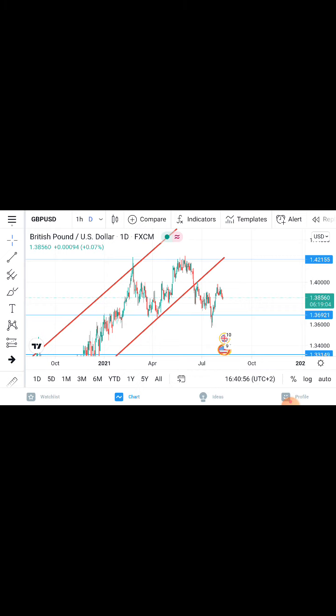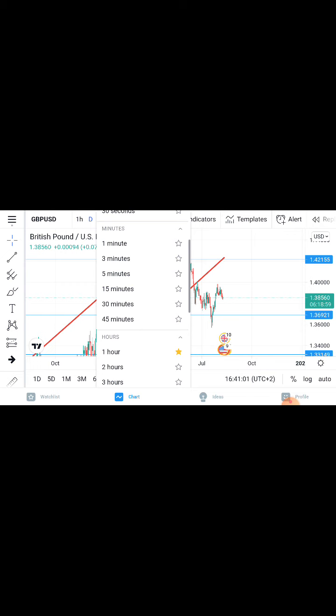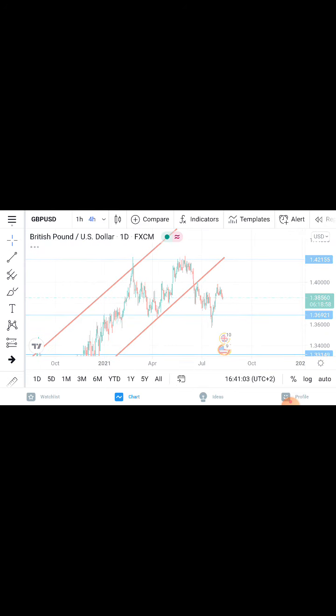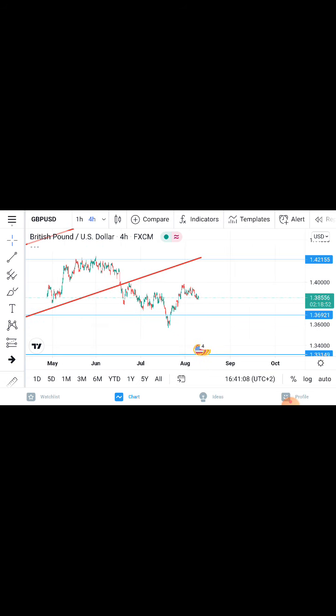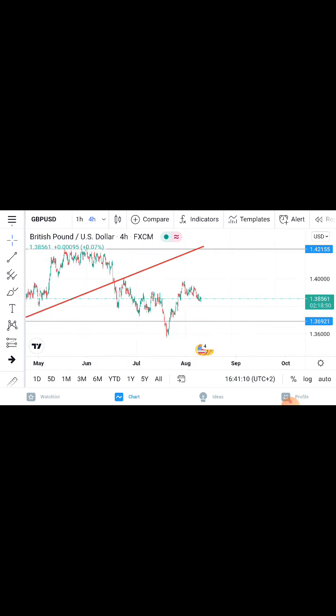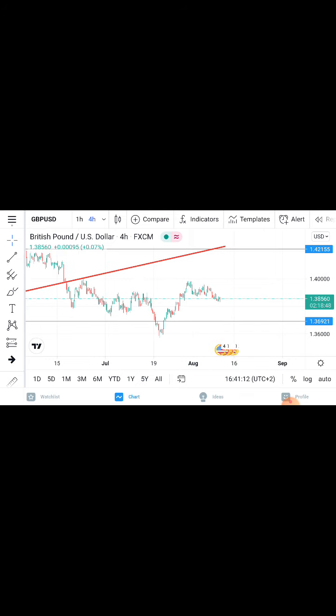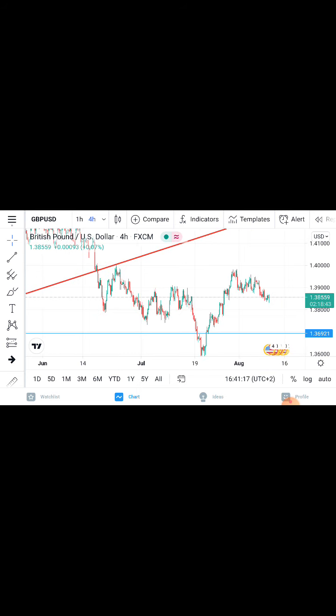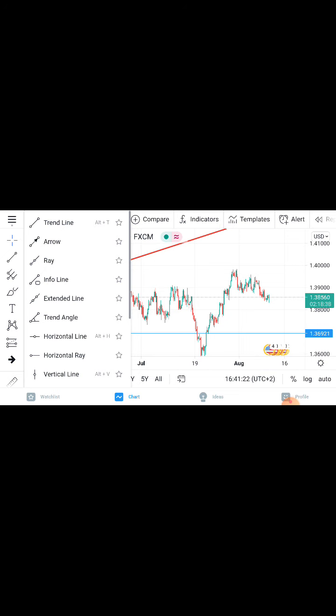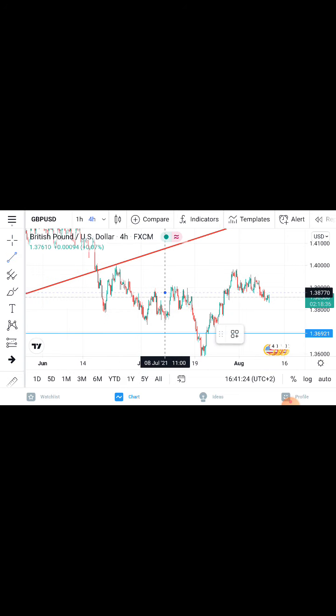Okay, then we have to go to a smaller time frame. We go to 4 hours right now, so that we can see clearly where this is leading us. Then when we get here, again we have to do another trend line, starting from here.